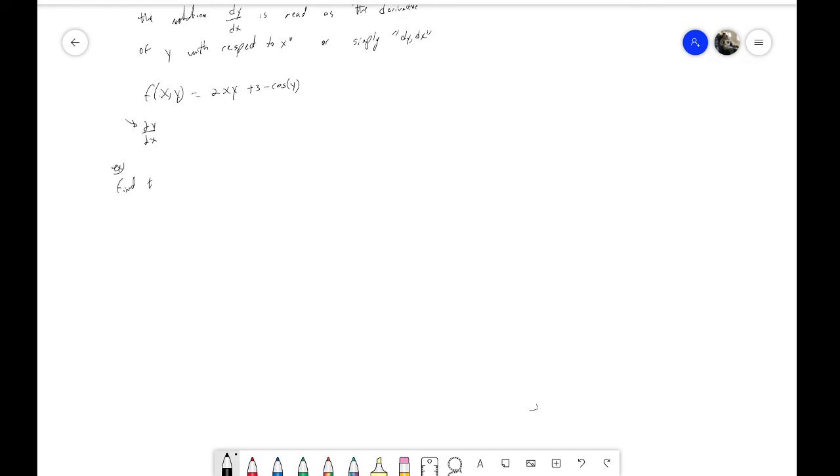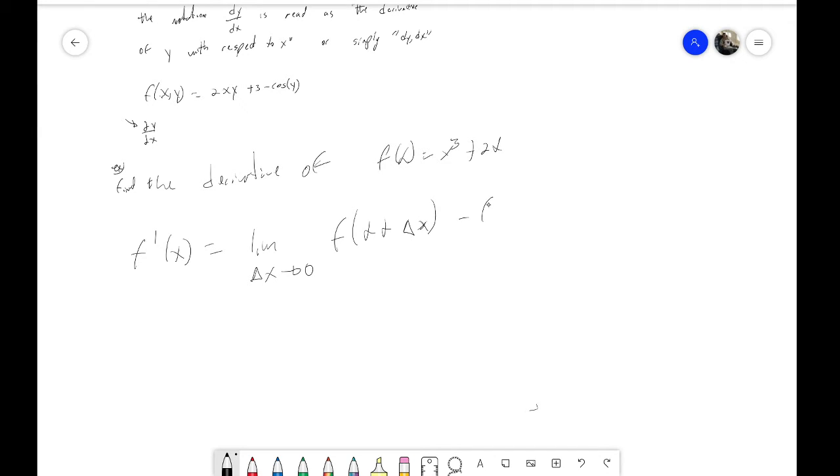Alright, so let's find the derivative of the following function. f of x equals x cubed plus 2x. Now remember, the derivative f prime of x is equal to the limit as delta x goes to 0 of f of x plus delta x minus f of x, divided by delta x, by the definition from above.